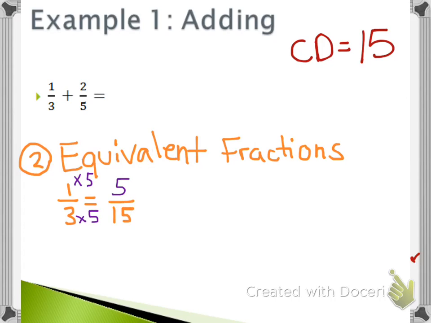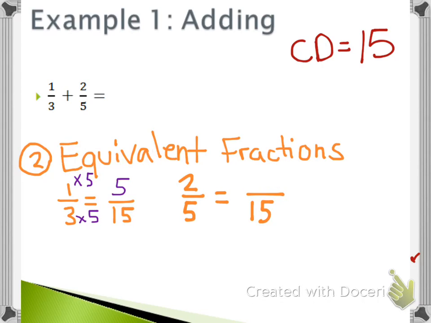So now that I've found an equivalent fraction for 1/3, I need to do the same thing for 2/5. I need to find an equivalent fraction for 2/5 that has the common denominator 15 as its denominator. And so we have to do the same thing that we did for 1/3. We need to figure out what this numerator over 15 is going to be.